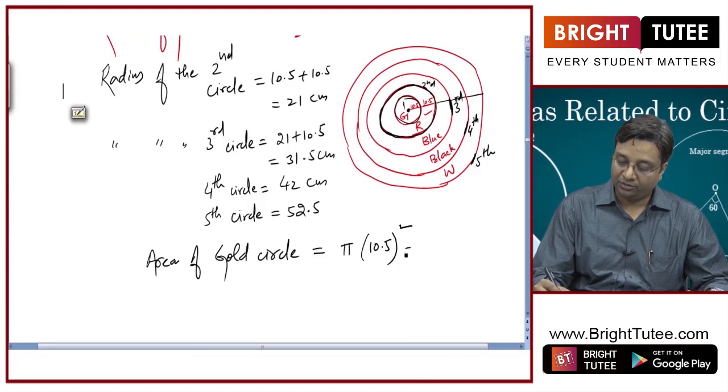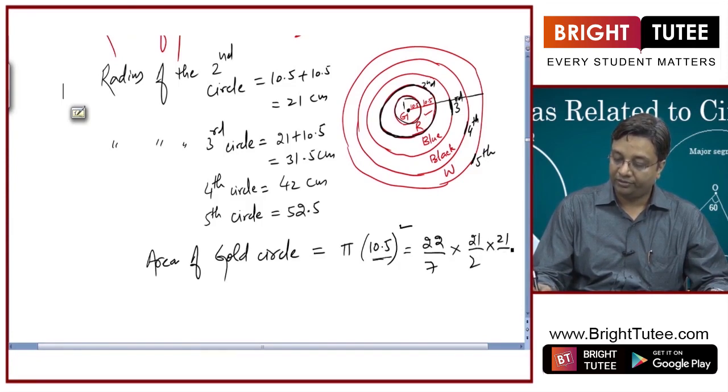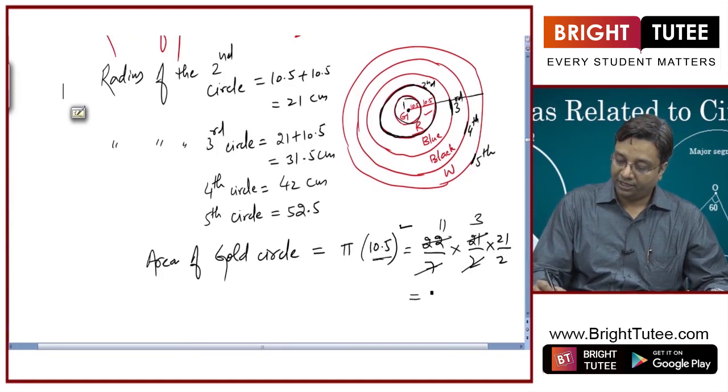So it is equal to 22 by 7 into, what is 10.5? It is 21 by 2. So 21 by 2 into 21 by 2. You can cancel this like this. So you will have 33 into 21 by 2, right? What is 33 into 21?